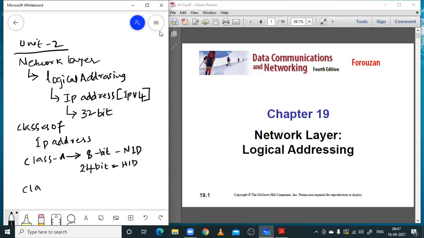Now coming to class B. How many bits will be the network ID here? 16 bits will be the network ID, and the remaining 16 bits will be host IDs. So this is about the different types of classes into which the IP addresses are classified.